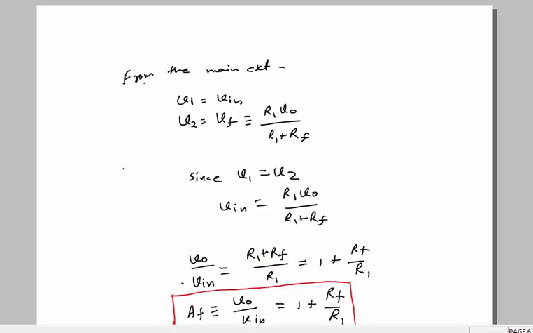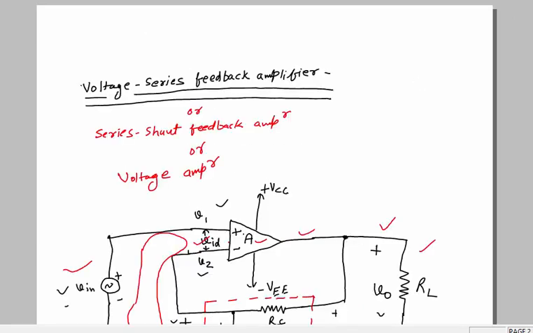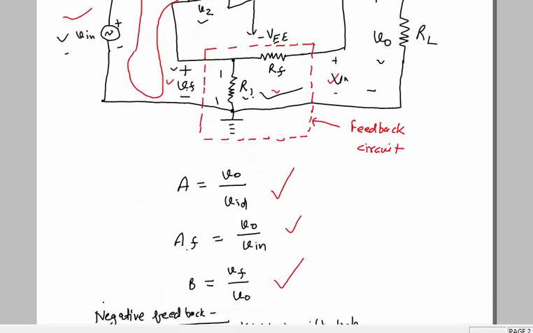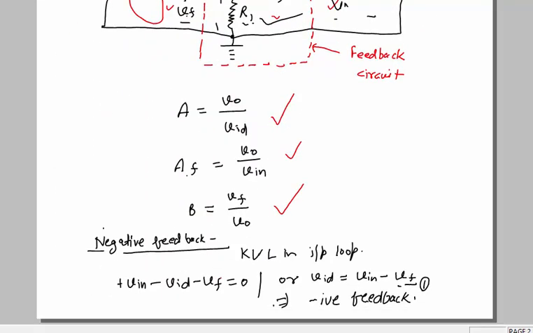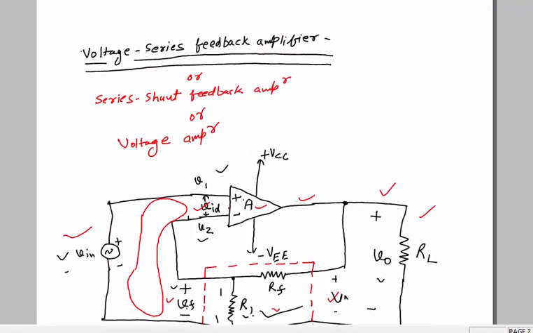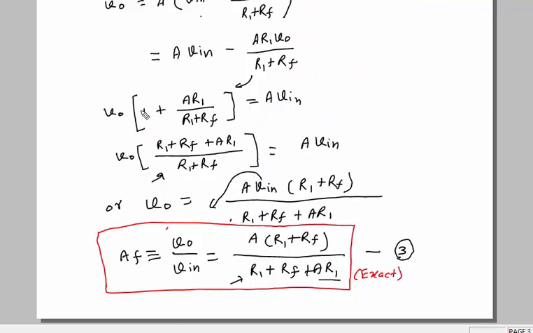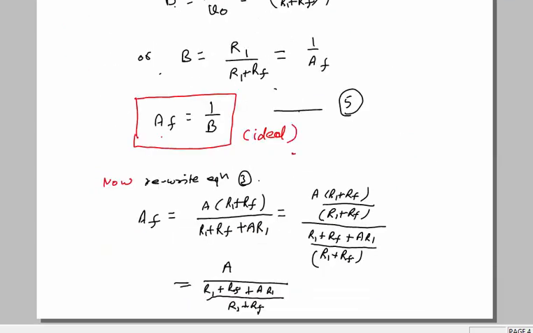So this was all about the voltage series feedback. We have seen many concepts of voltage series feedback, covered in different subtopics. First we saw the circuit diagram, then we saw how it is a negative feedback, then we determined the closed loop voltage gain.